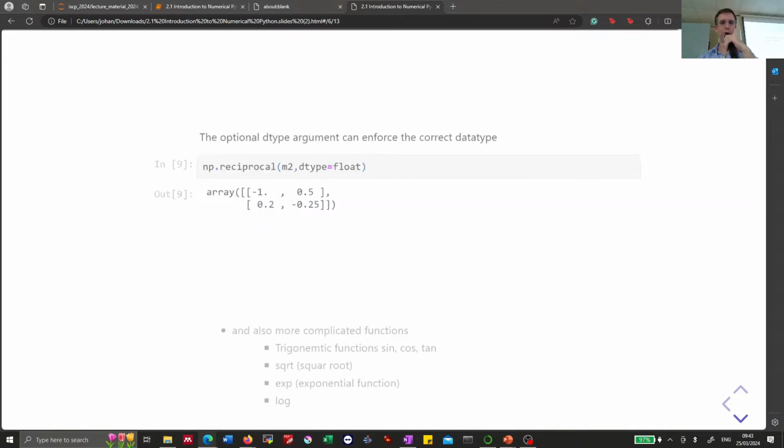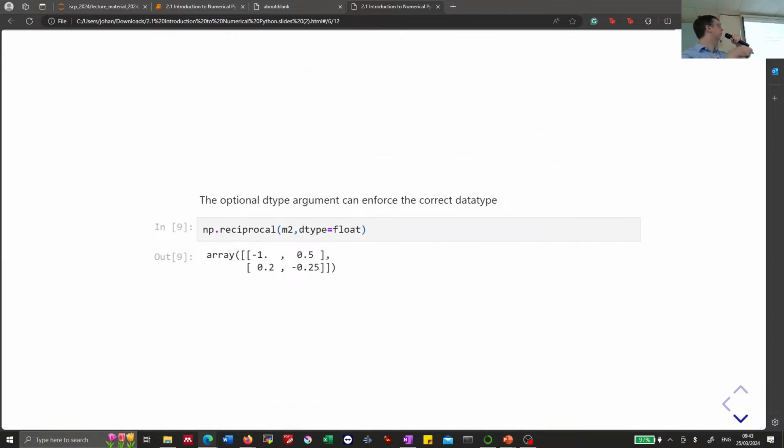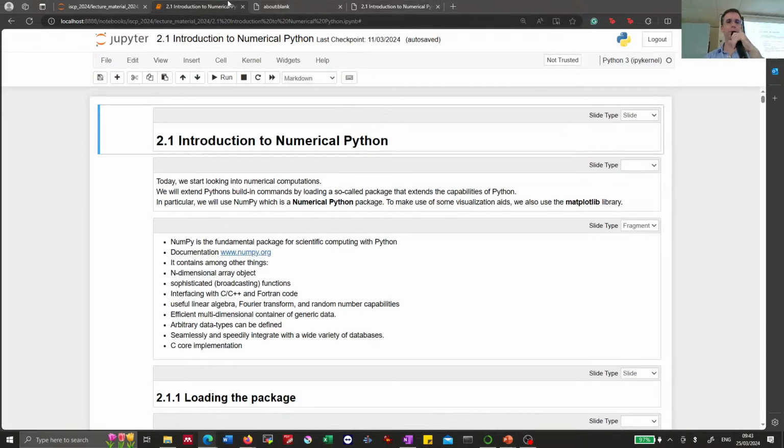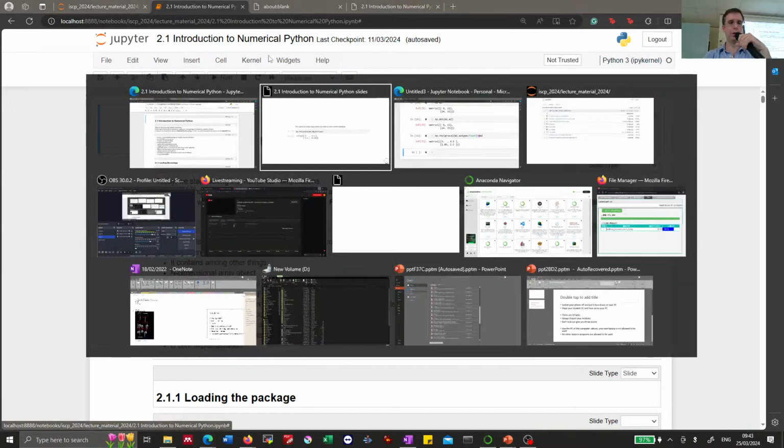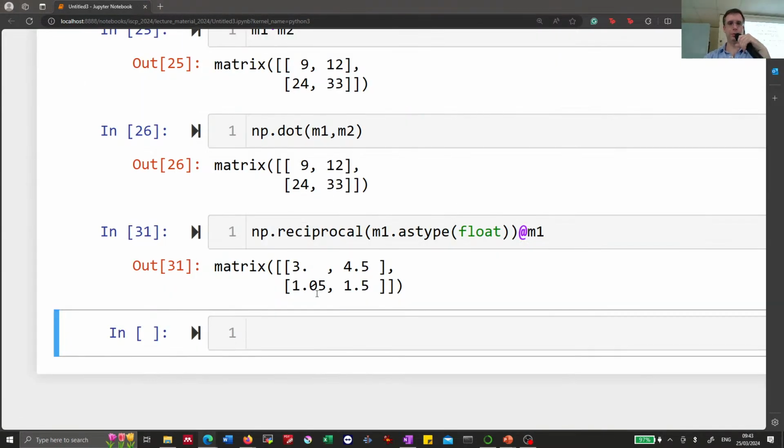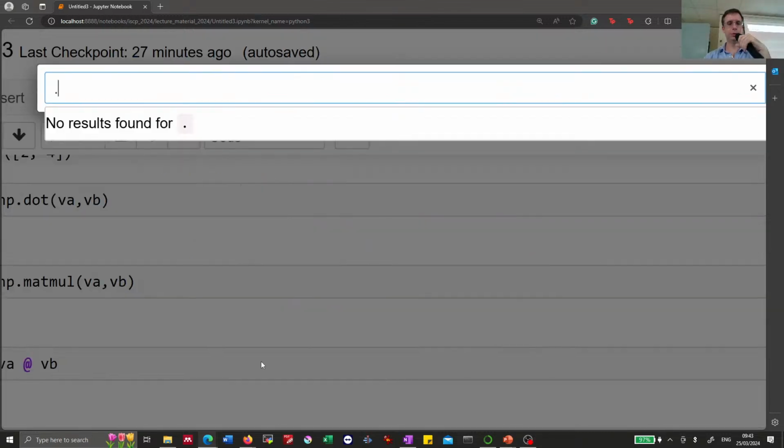Right, and here's the example. Data type as float. Yeah. Well, look, here's a different way of using this. So we can use dtype in the reciprocal method itself to specify what kind of data type we want. So we can go back, play around a little bit. So numpy, no, that's not what I want.